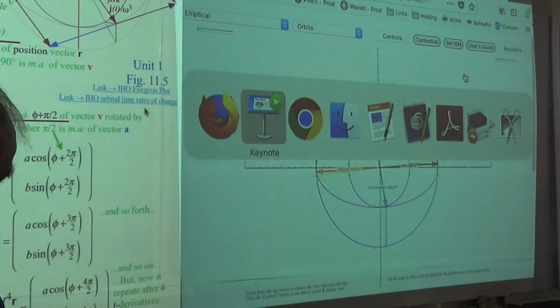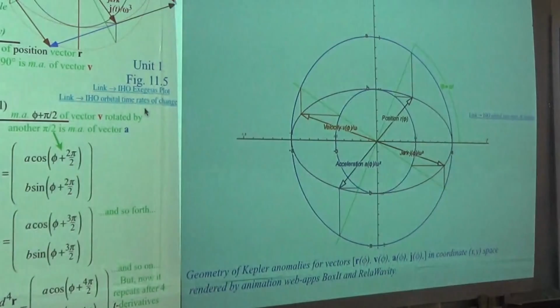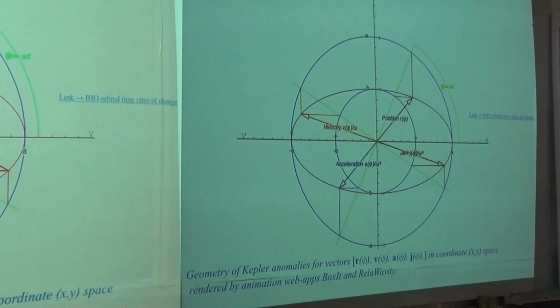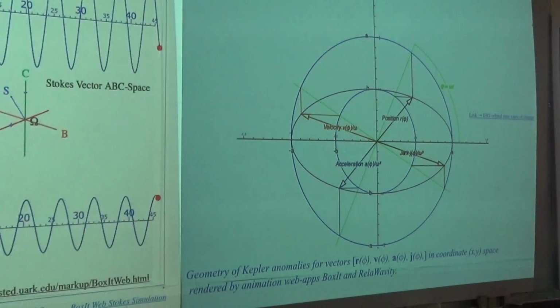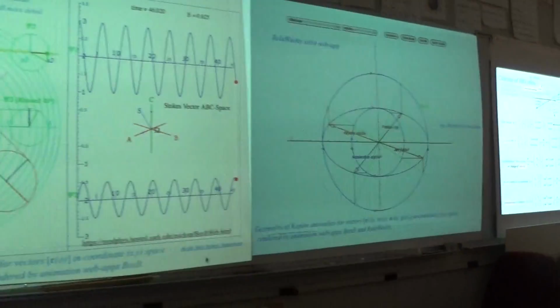Now, the most useful way to look at any of these multi-dimensional harmonic oscillator pictures is this one we're looking at right now. This is perhaps the most telling one.